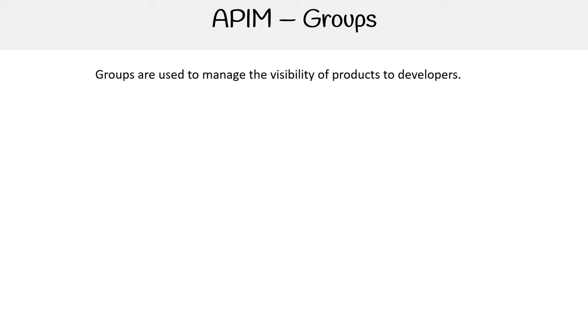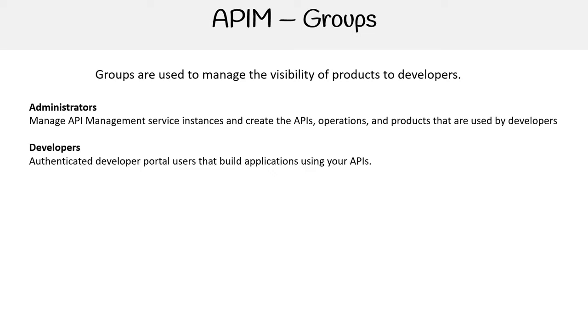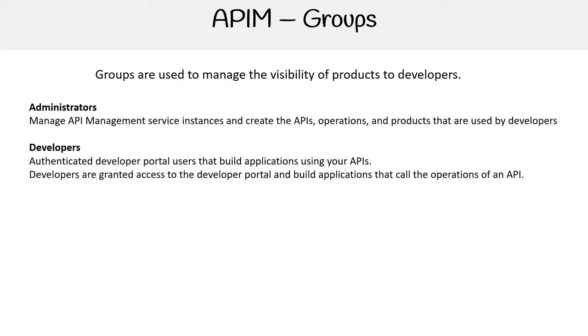All right, so let's take a look here at groups for APIM. Groups are used to manage the visibility of products to developers. We can break these down into some broad categories. We have administrators. They manage API management service instances and create the APIs, operations and products that are used by developers. Then we have developers. They are authenticated for the developer portal. These are users that build applications using your APIs. Developers are granted access to the developer portal and build applications that call the operations of an API.